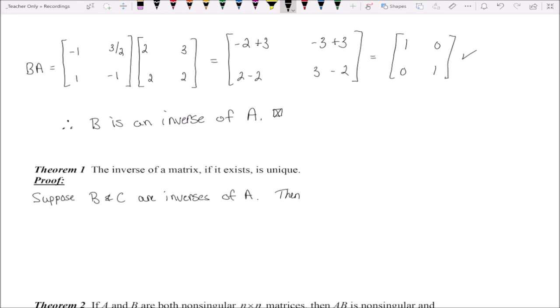If B and C are inverses, then we know that A times B is B times A, which is the identity matrix, and also that A times C is equal to C times A, also the identity matrix.